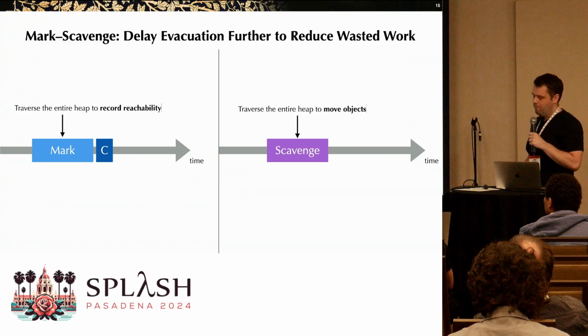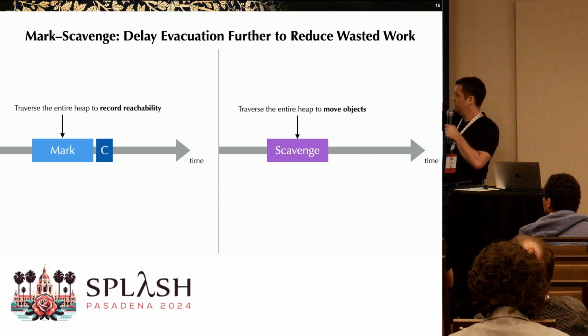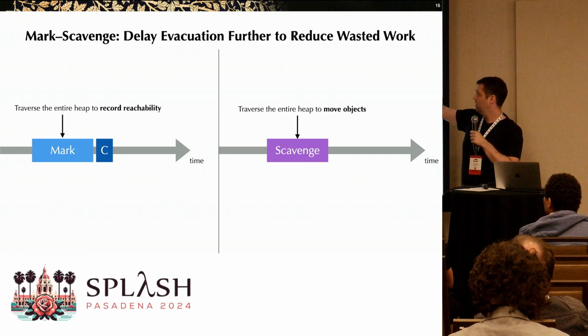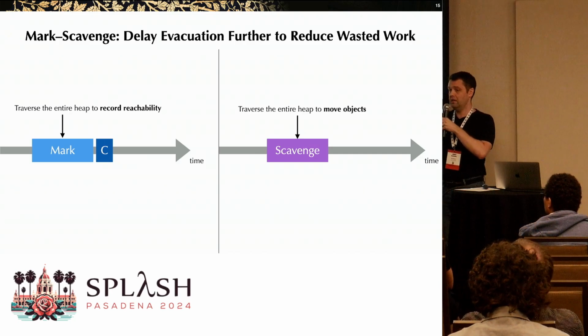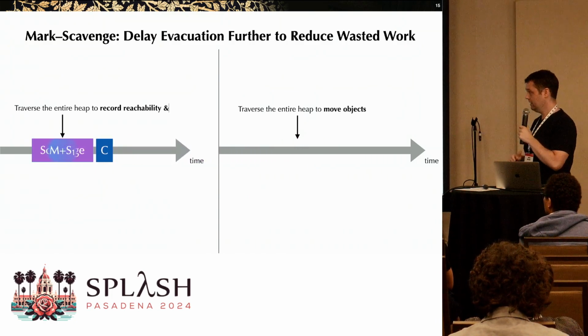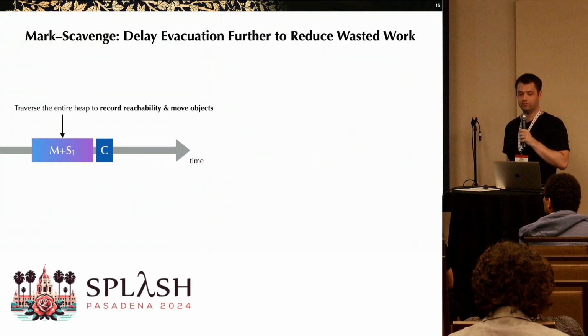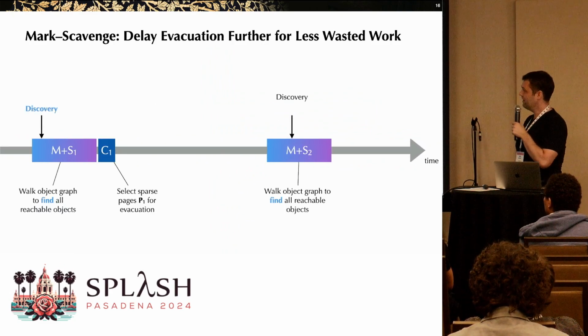And mark, in mark evacuate, just traverses the heap to record reachability. And scavenge also traverses the entire heap, but to move objects. So it would also be safe to merge these passes into one. And then you will get something like this, which is the mark scavenge at a high level.